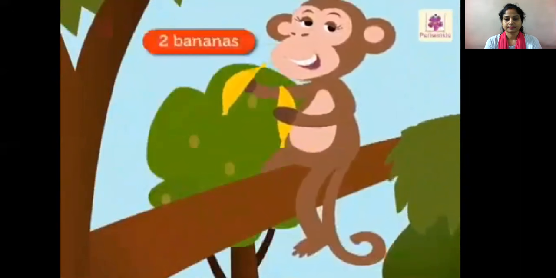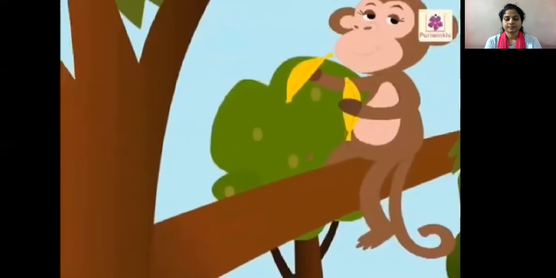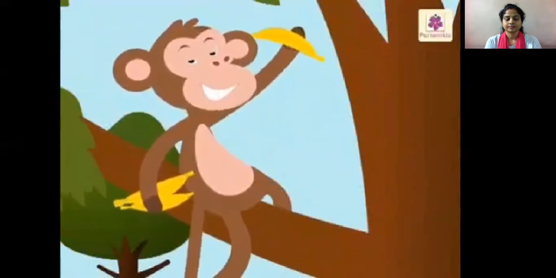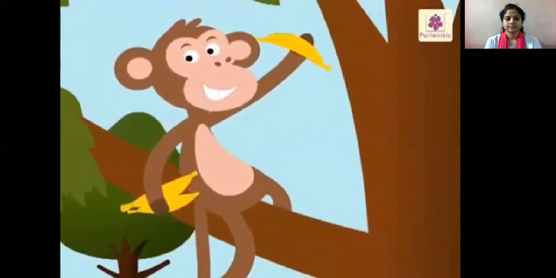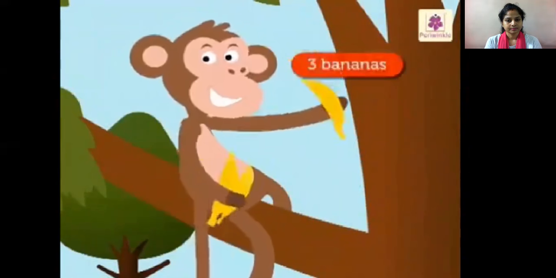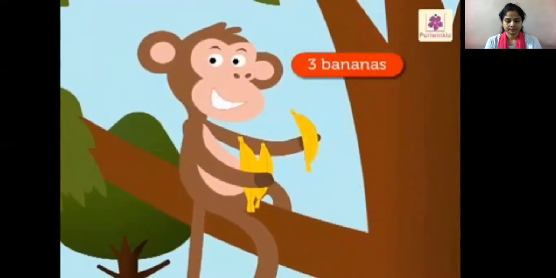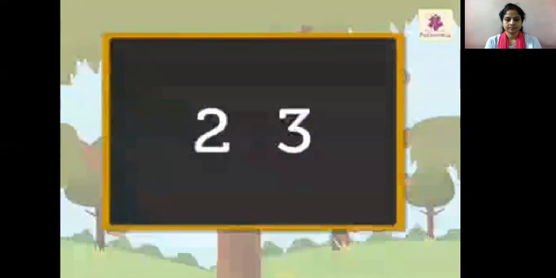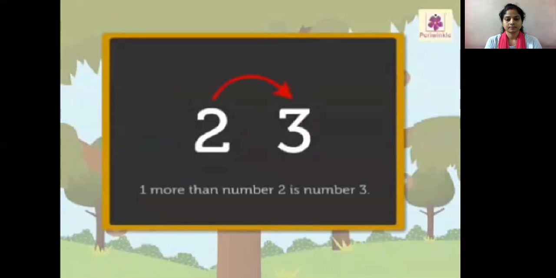Minty has 2 bananas. Montu has 1 more banana than Minty. It means Montu has 3 bananas. When we count 1 forward from a number, we get 1 more than that number. 1 more than number 2 is number 3.